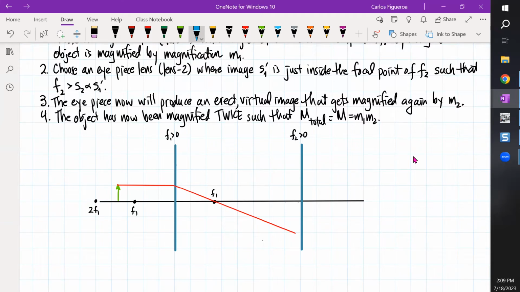So I'm going to cross this guy. And then there, oops, that does not work. I got to go through here. I'm going to say that I now produce an image right here. So I'm going to say that this is my image S1.